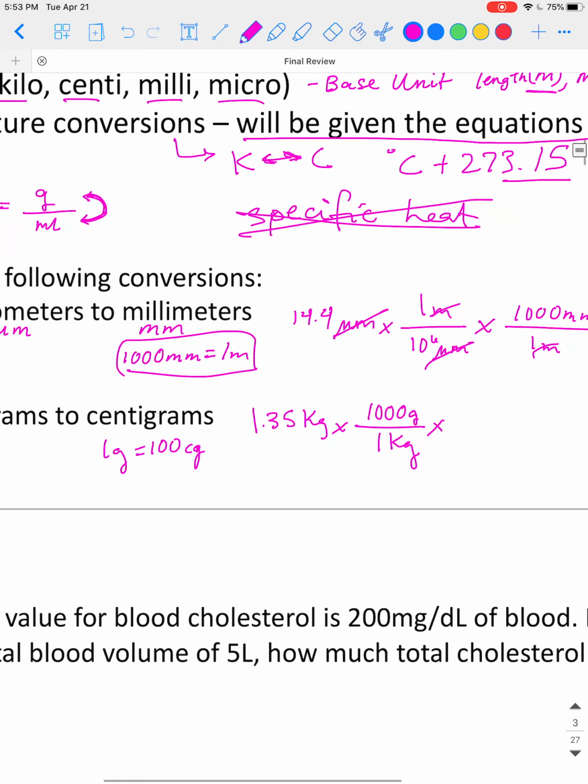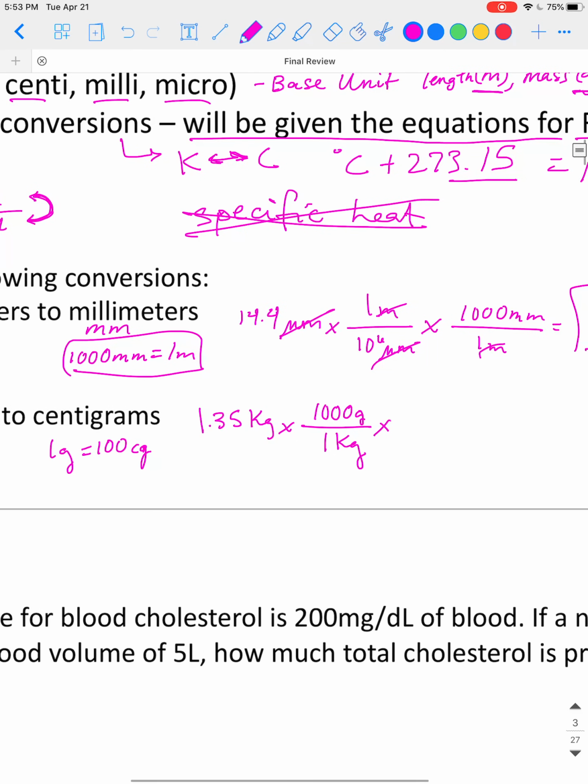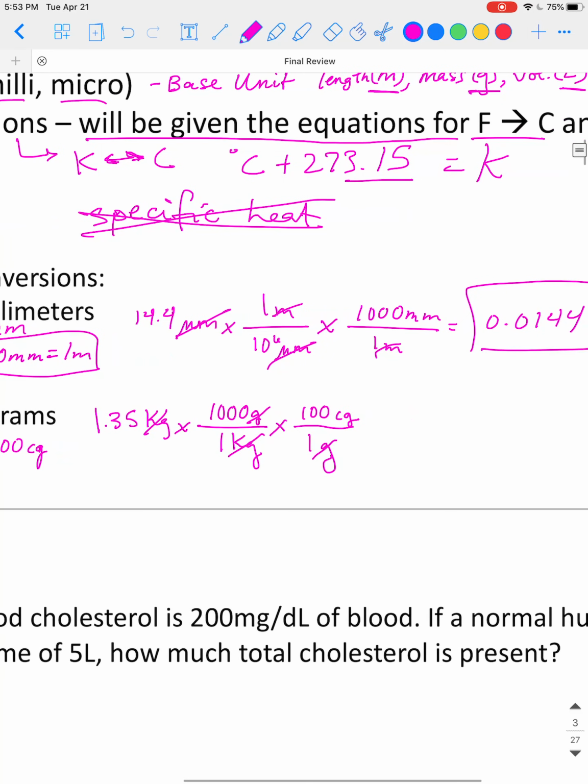Kilograms need to cancel. 1 kg on bottom, 1,000 grams on top. And then convert to centigrams. So for every 1 gram, there's 100 centigrams. And I wrote grams on bottom so that grams cancel. And everything cancels but centigrams. So that's going to be times, oh goodness, that's a big number.